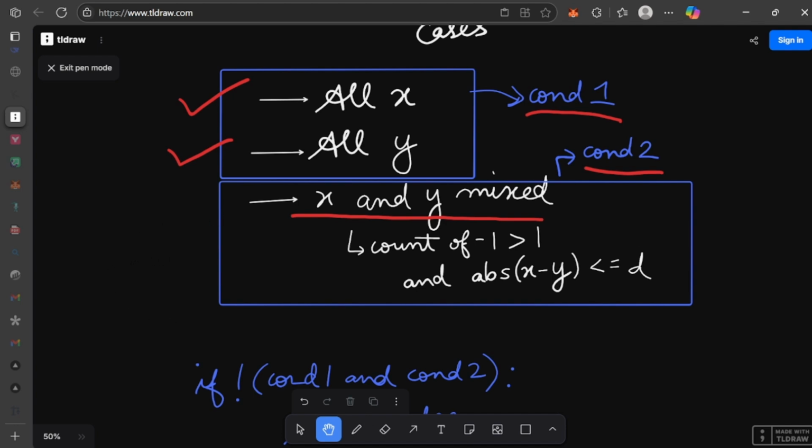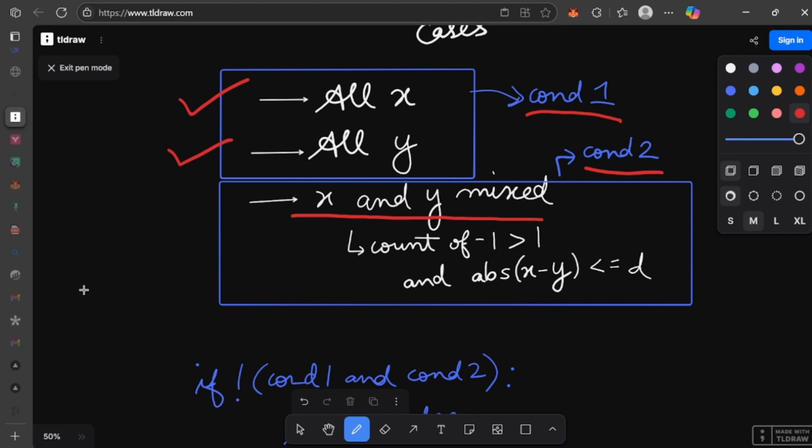For all x and all y, I will show you an example. 10, minus 1, minus 1, minus 1. Suppose the absolute difference is d. This is your previous value. This is the i which is at -1.